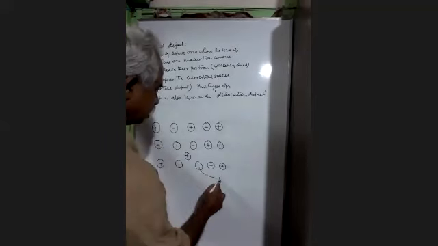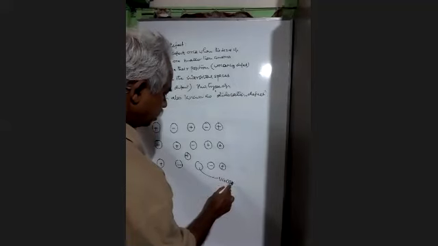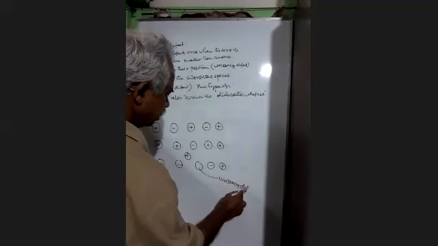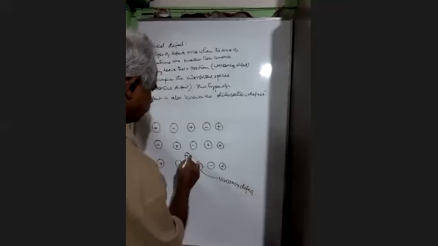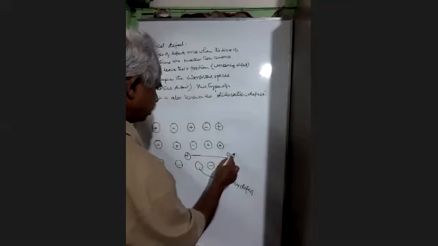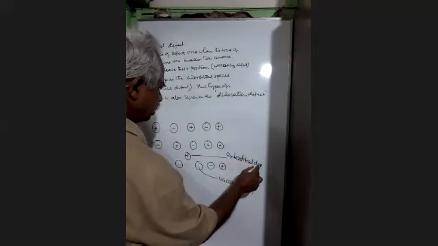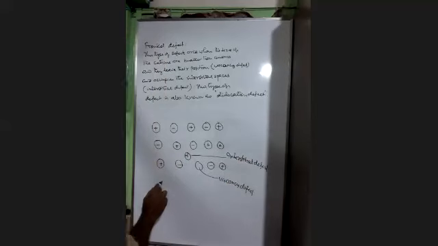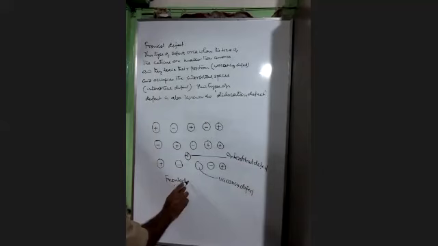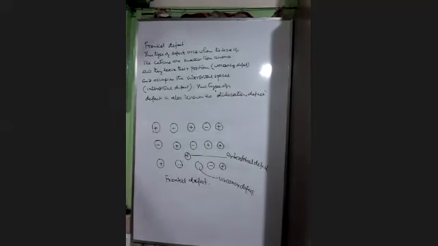See this. So what is this? This is a vacancy defect. And what is this? This is interstitial. So this is called the Frenkel defect.